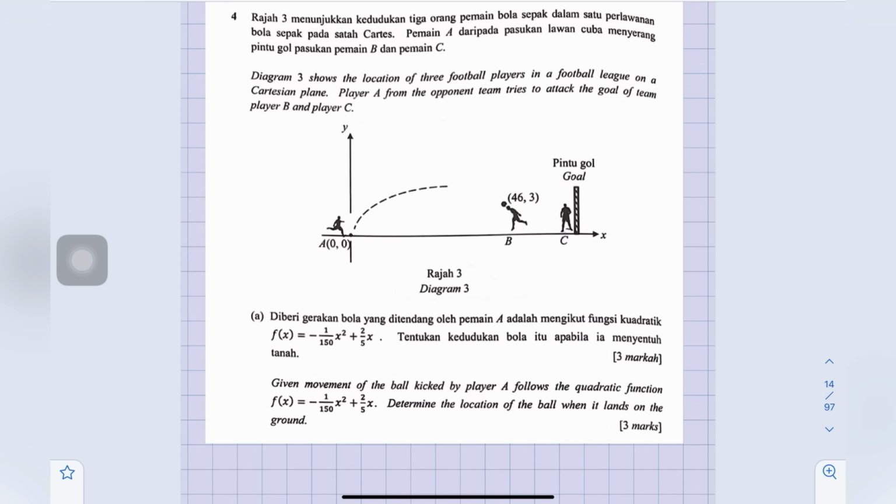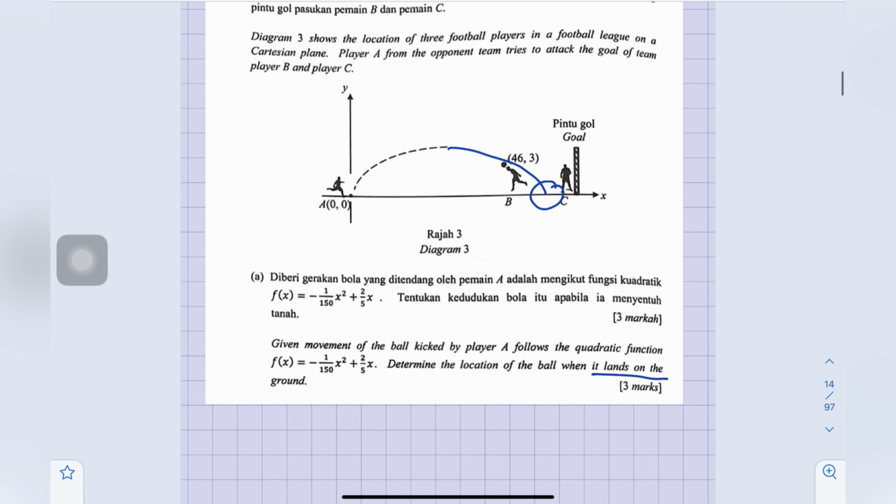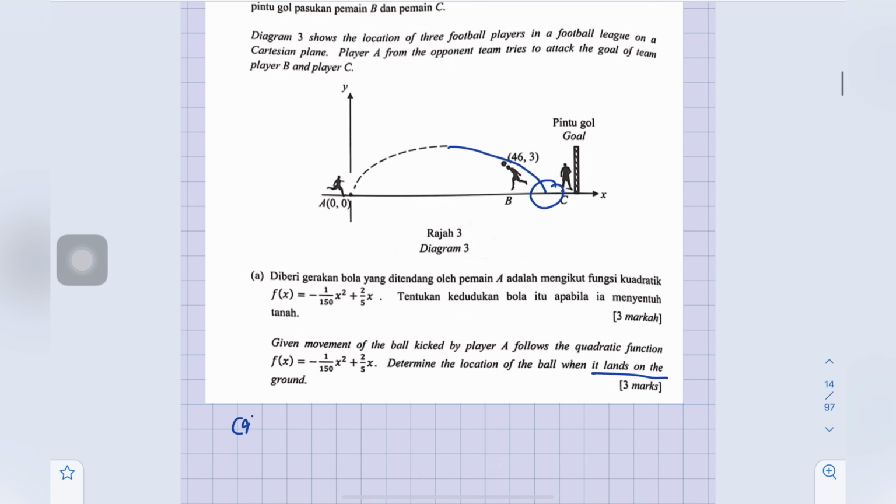Okay, so first of all, player A kicks the ball and the ball lands on the ground. So right here, when the ball lands on the ground, it means that y equals 0 or f(x) equals 0. Okay, so here we have f(x) equals negative 1 over 150 x squared plus 2 over 5 x.